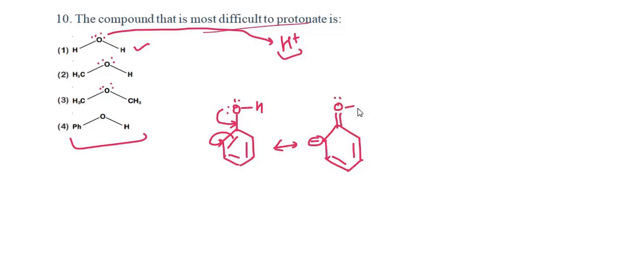When the H positive ion tries to come here, it is not possible for H positive to approach the lone pair of oxygen because oxygen already has a positive charge. So the incoming proton will not be able to attack easily. So option number 4 is correct, where the lone pairs are involved in resonance. The correct answer is the fourth option.